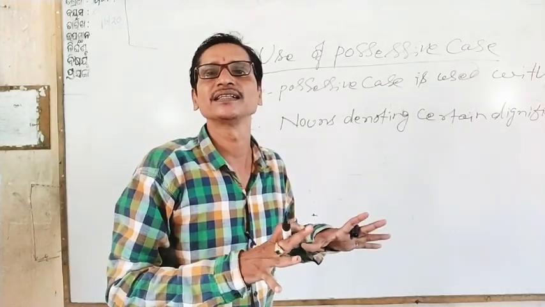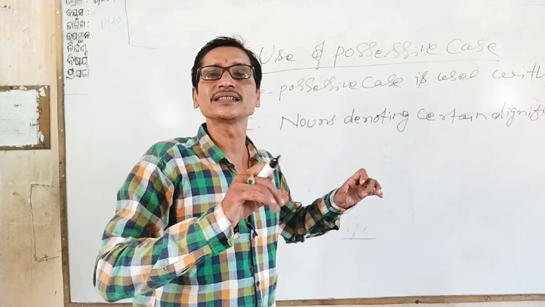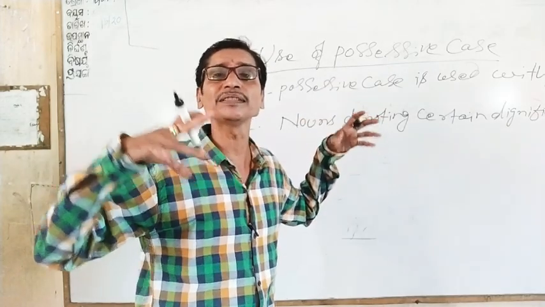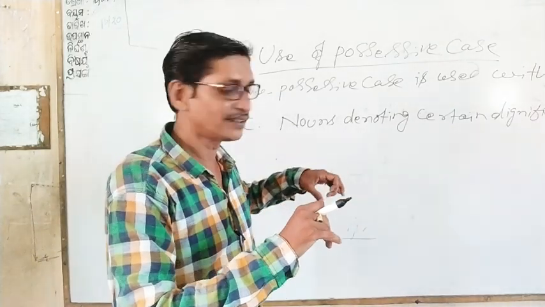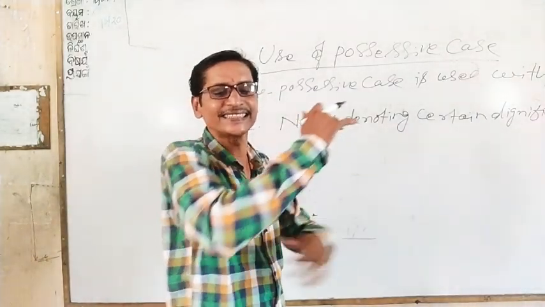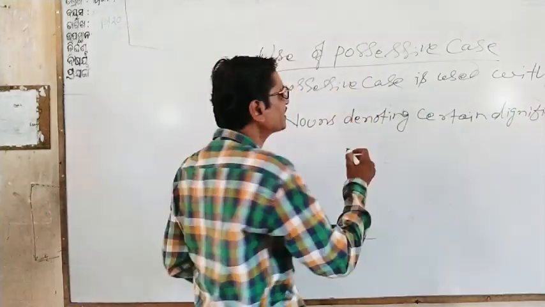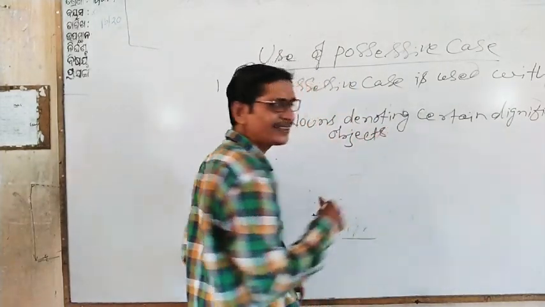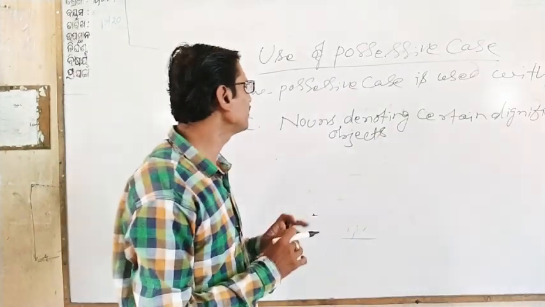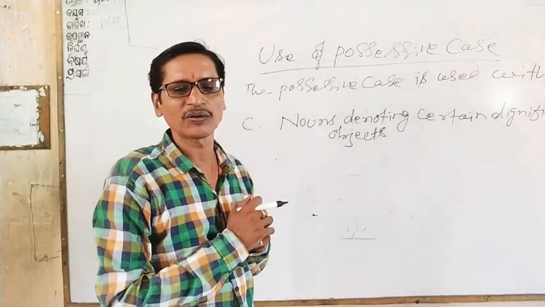Which is very special. Designations, that means we have given some title, we have given some importance to that. Therefore it is dignified. Dignified objects, you can say. In that case, we give possessive cases to the noun.